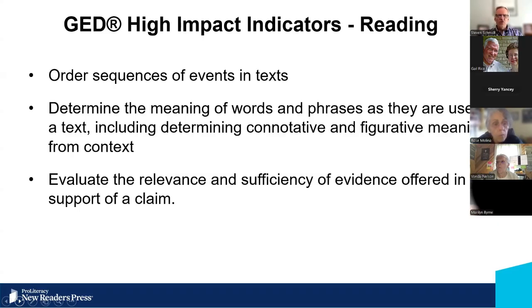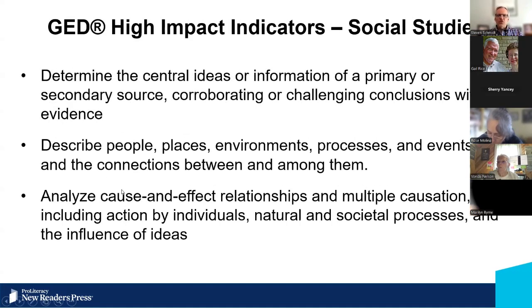But again, if you use that link that Dan has put in the chat just now, thank you, Dan, you can see all the high impact indicators for all five of the GED subject areas there. So social studies is another one of the areas where we see these indicators. We see central ideas, basically finding the main idea, which is really a fancy way of saying that.